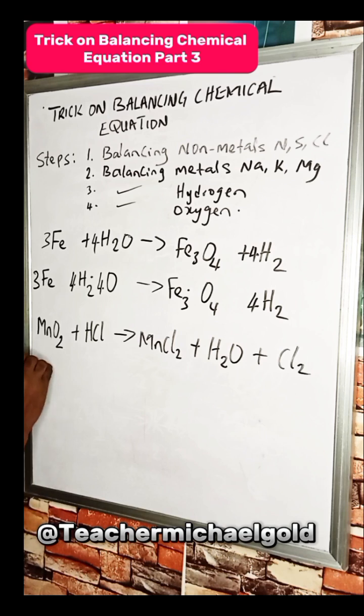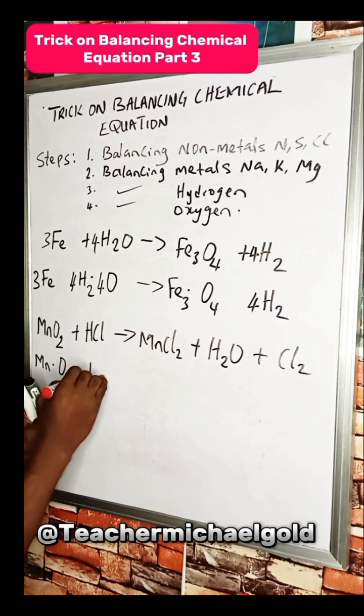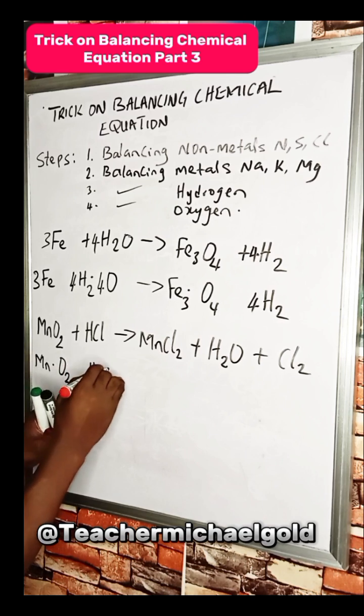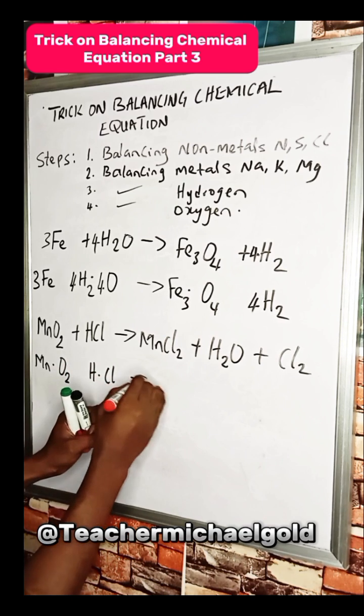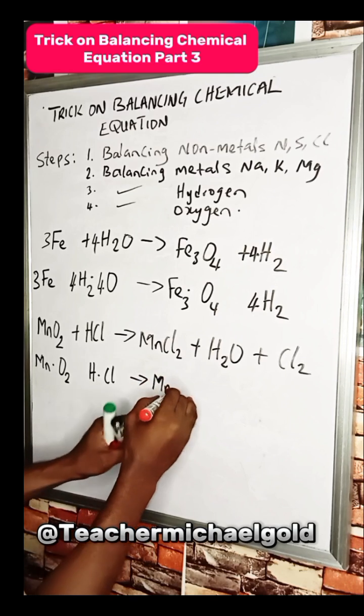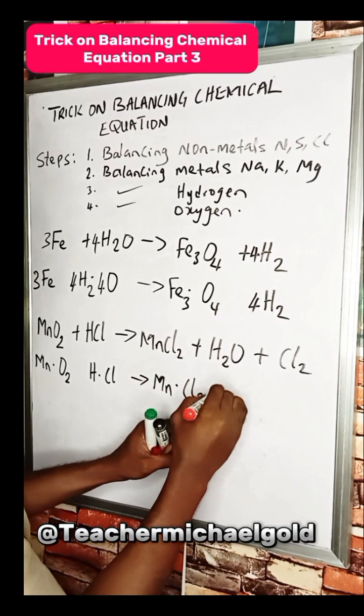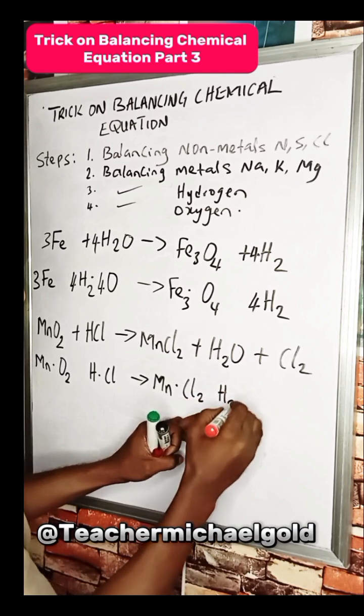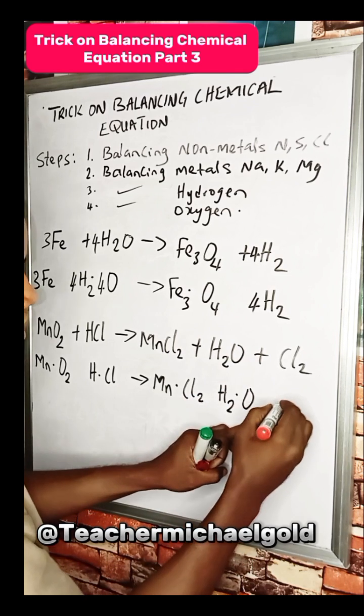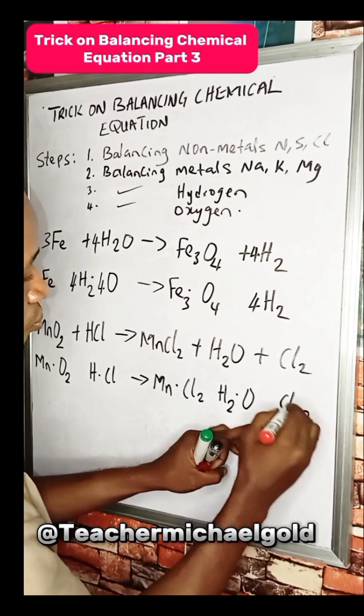So here we have Mn, O2, then H, Cl, giving us Mn, Cl2, then H2, O, and then the Cl2.